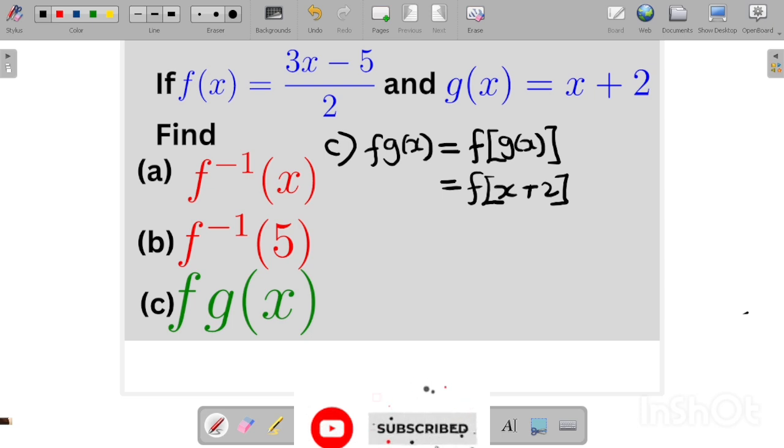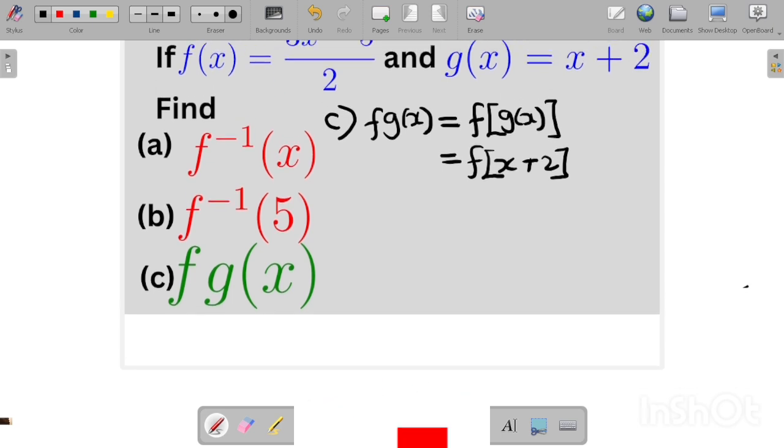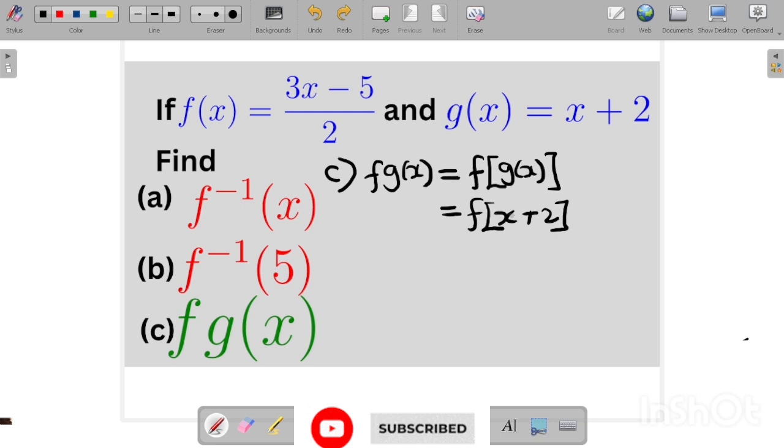Now, what does this mean? Since this function g of x is inside the function f, it means that in the function f here, wherever there is x, you are going to replace this here, x plus 2.